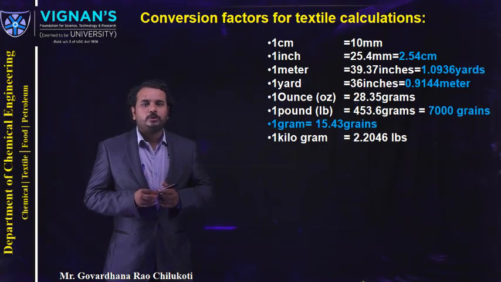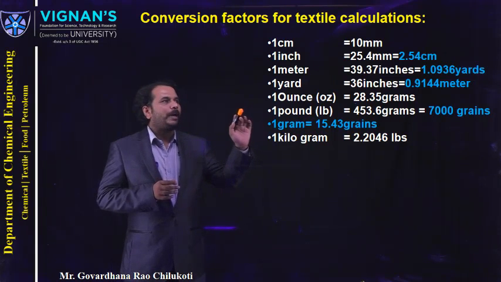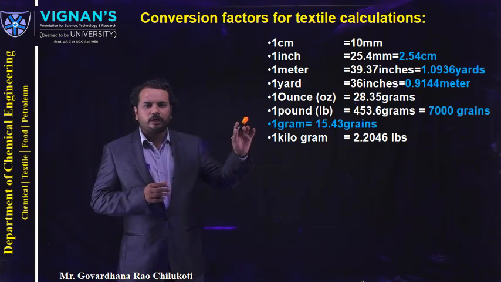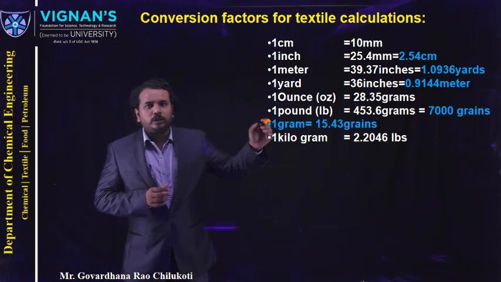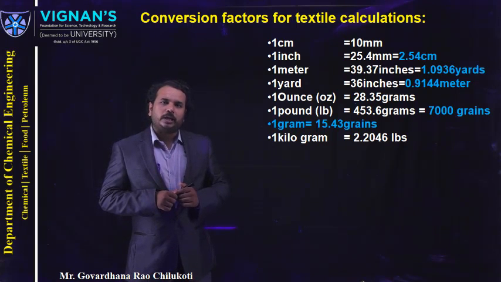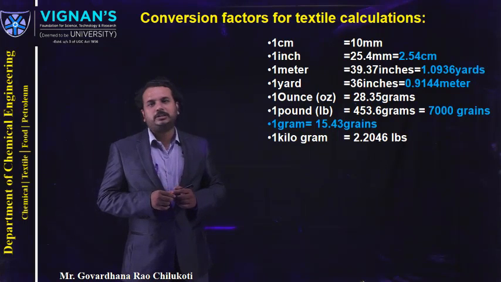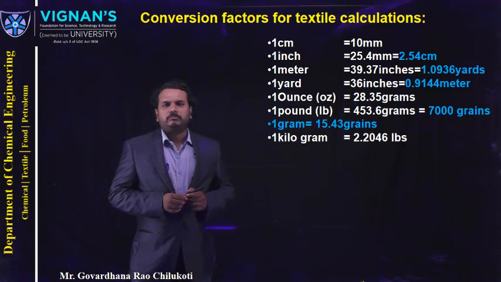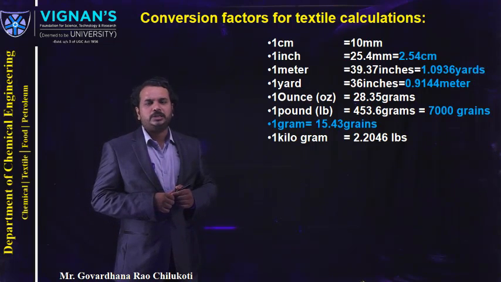These are the very important conversion factors. If you know them, then only can we calculate the count and the production calculations of the different machines in the weaving preparatory stage.